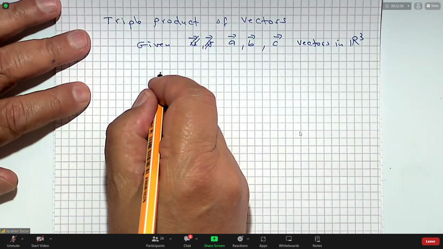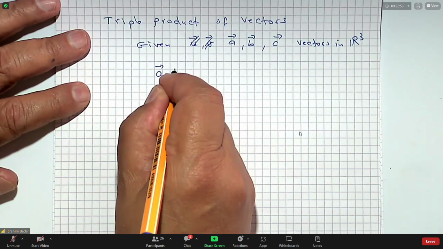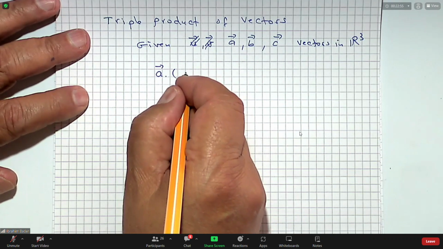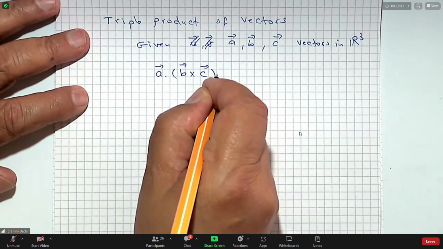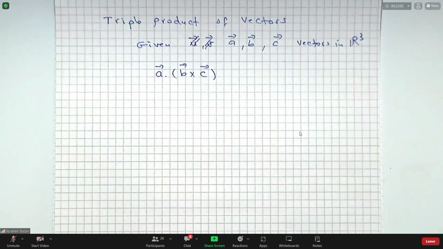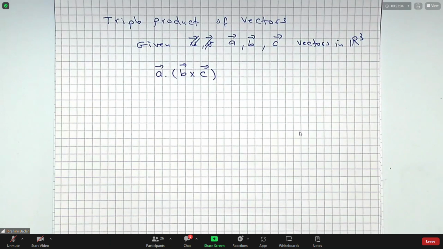Then A... will this result in a vector or in a scalar? What do you think? Remember. The parentheses indicate you evaluate a vector, right? So here you will be getting a vector. And this will be, of course, a number, right?